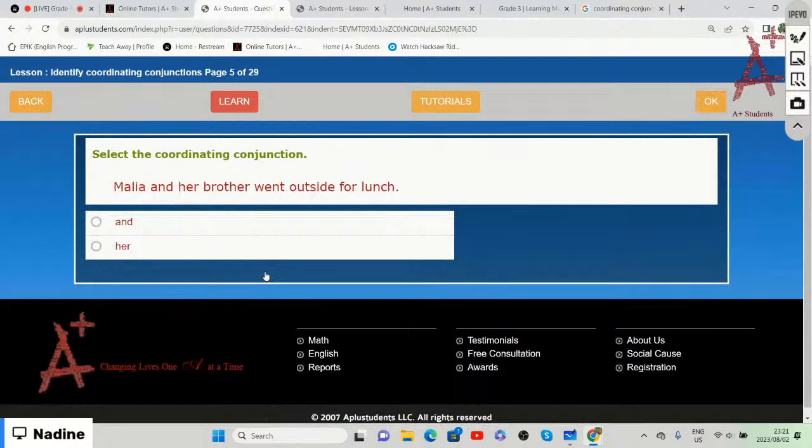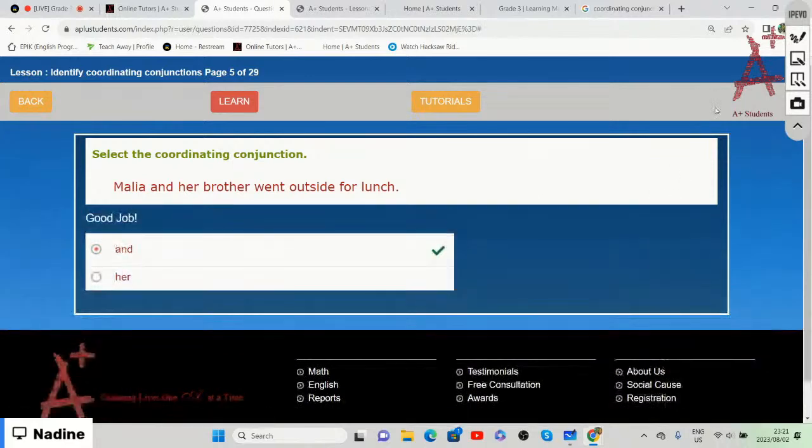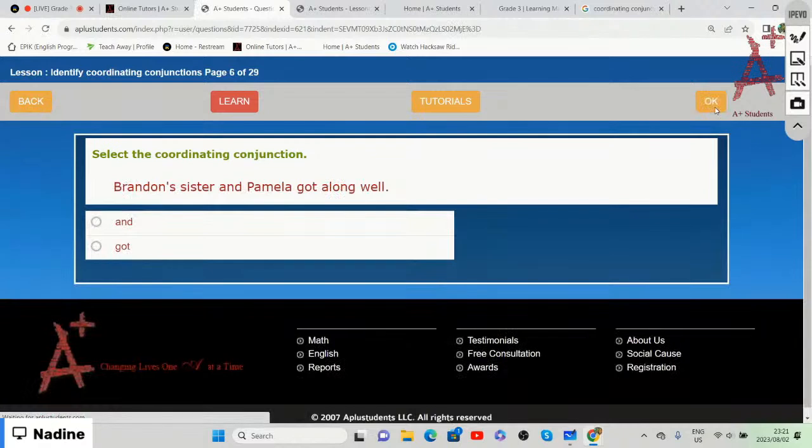Which is the coordinating conjunction which connects either words, phrases, or simple sentences? In this case, we are going to choose and, which connects the word Malia and the phrase her brother, right? So Malia and her brother went outside for lunch.